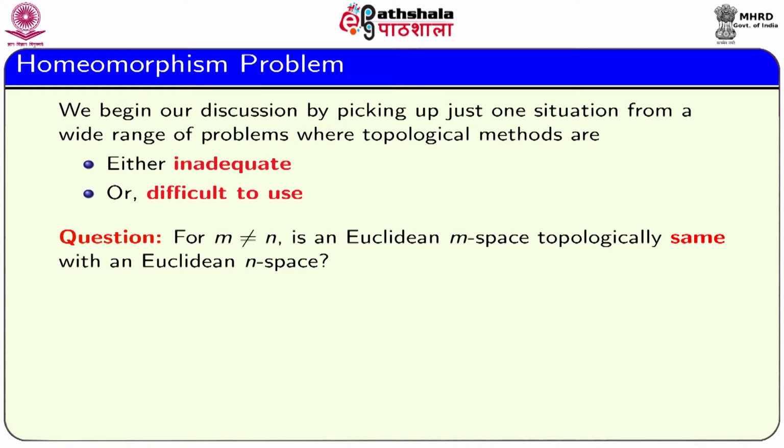Now, first of all, what do we mean by topologically same? Informally, topological sameness means whether two topological spaces are homeomorphic or not.